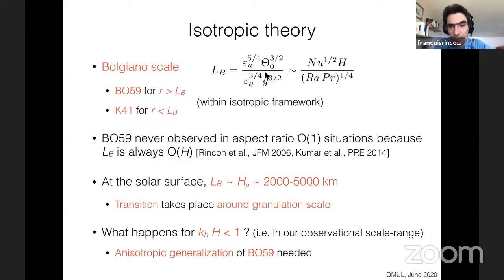If you compute that for the sun, it's typically similar to the density scale height, and that means 2,000 to 5,000 kilometers. So granulation itself is pretty much the separation scale between these two regimes. You would expect that at scales above granulation, you would get a buoyancy-dominated regime, which turns out to be anisotropic, not the original Bolgiano thing, but that doesn't change this estimate because things precisely become isotropic at this scale.